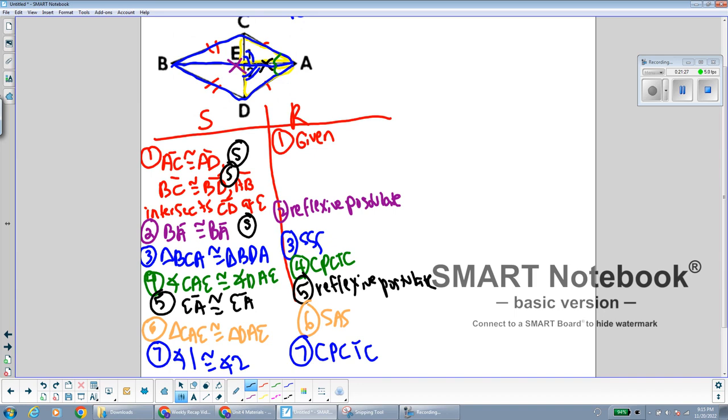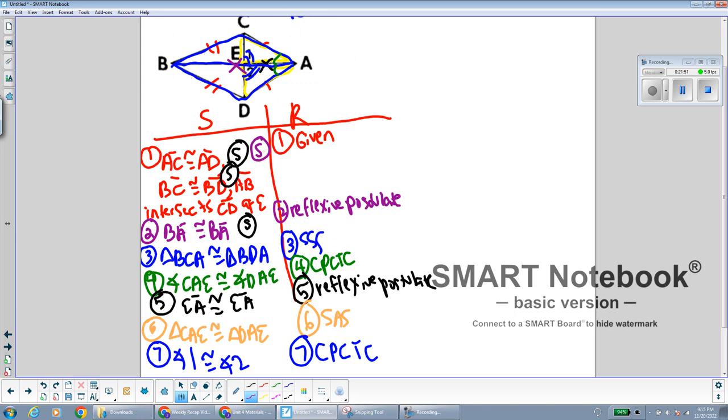Now, once we know those two blue triangles are congruent, then angle CAE is congruent to angle DAE by CPCTC, and that gives us the angle that we need for SAS in the two smaller triangles. So our givens gave us one of those sides, so I'll put it in a different color. That was AC and DA, so we need that for the other two triangles as well.